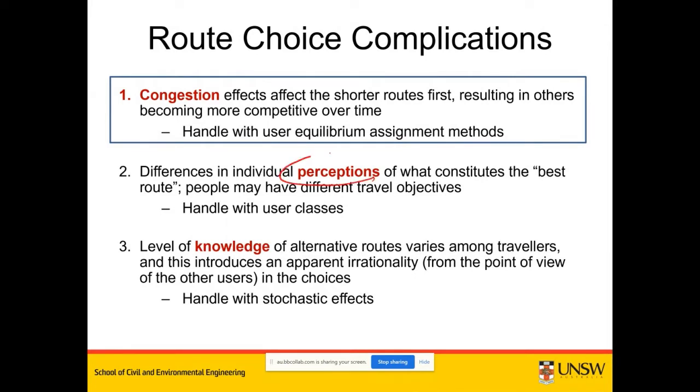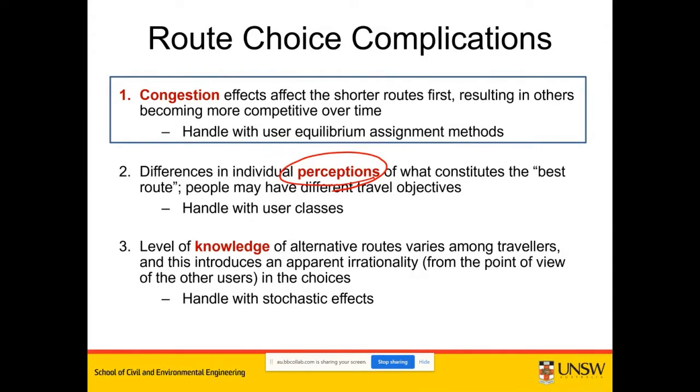There is also a complication related to perceptions, which I touched on a little bit. People have different perceptions. Imagine I'm going from A to B, and you're also going from A to B. I may perceive a route to be the shortest route, but you may believe, no, that's not the shortest route, another route is.